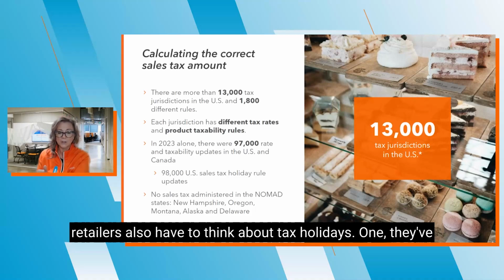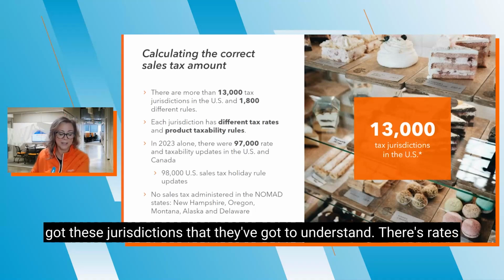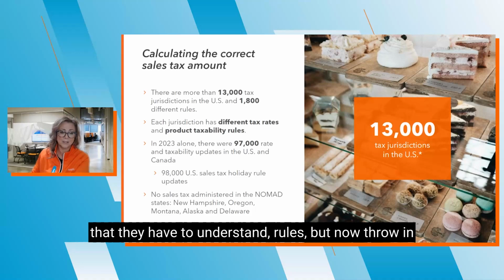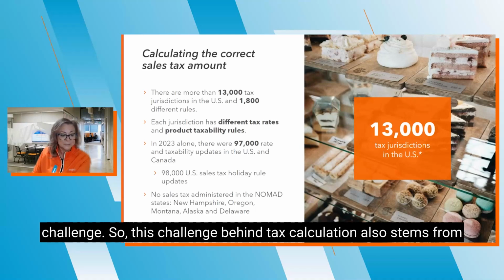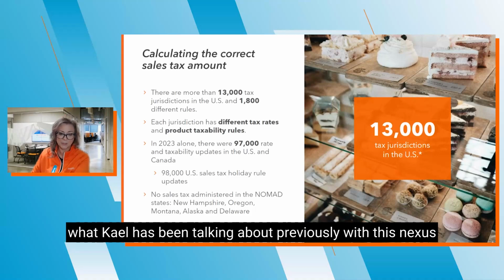So retailers also have to think about tax holidays. So one, they've got these jurisdictions that they've got to understand. There's rates that they have to understand, rules, but now throw in the tax holiday piece of it too, really becomes a challenge.